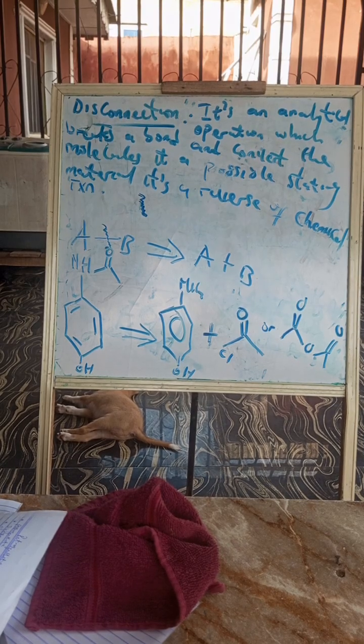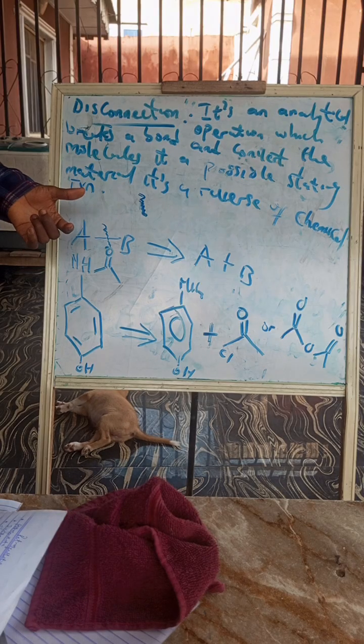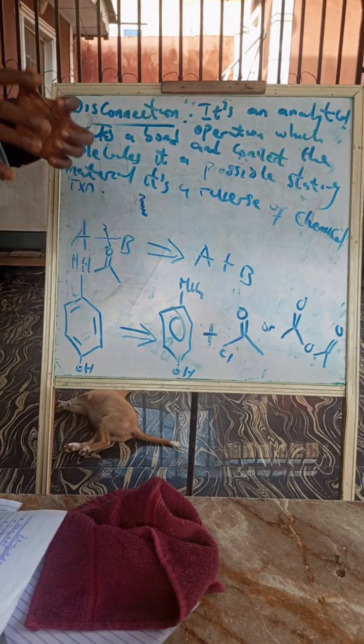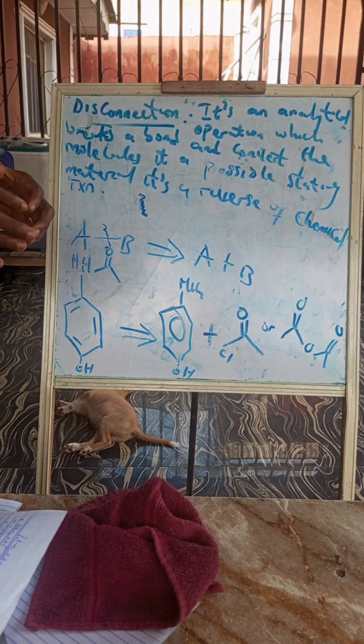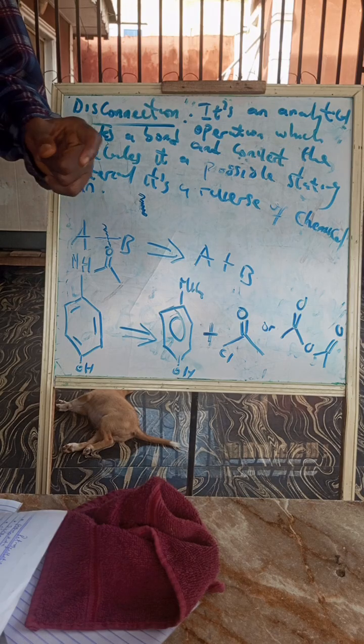We have HNMR, CNMR, and in this kind of spectroscopy we also deal with cleavage. In retrosynthesis, the main thing is to separate bigger or complex molecules, and you don't just break bonds.